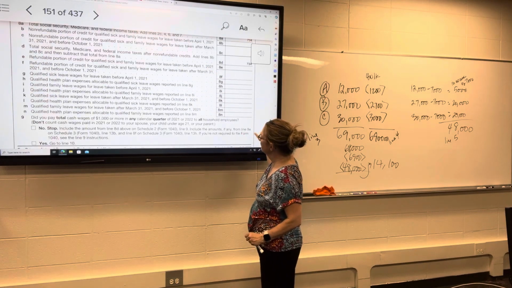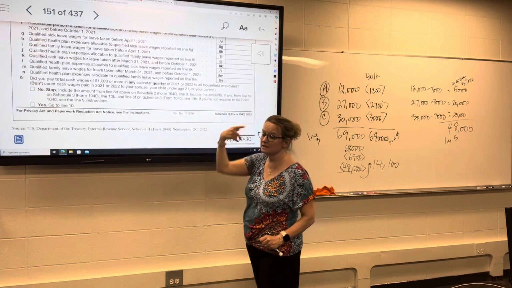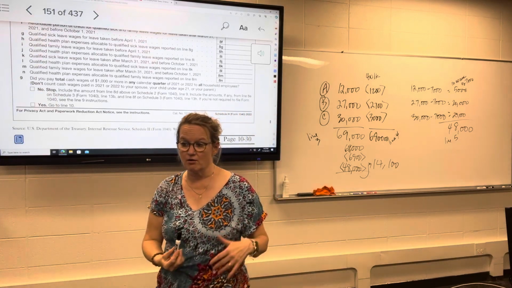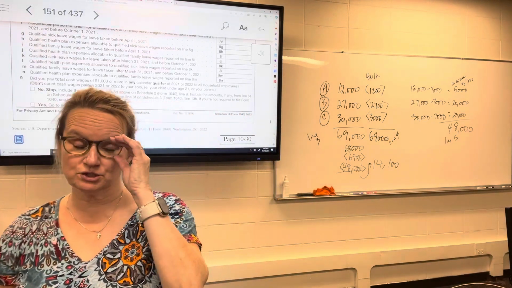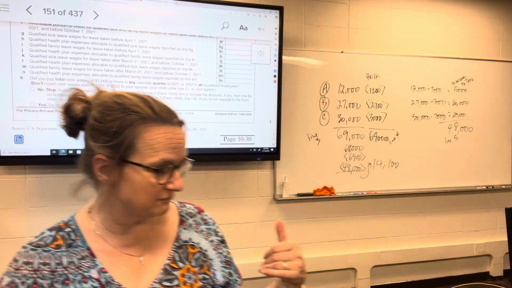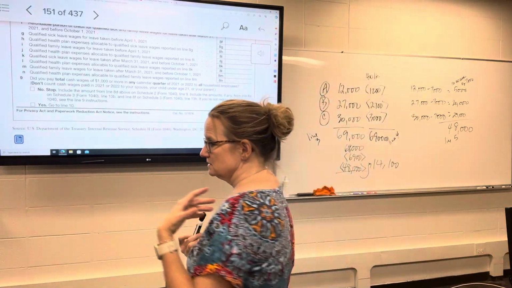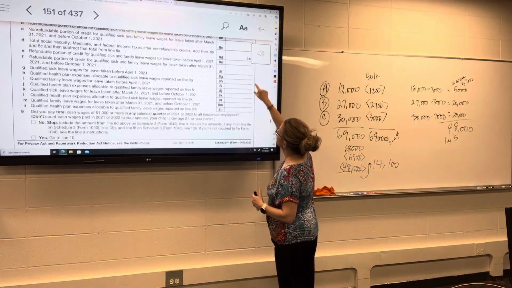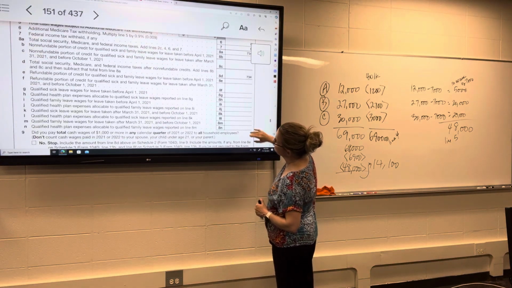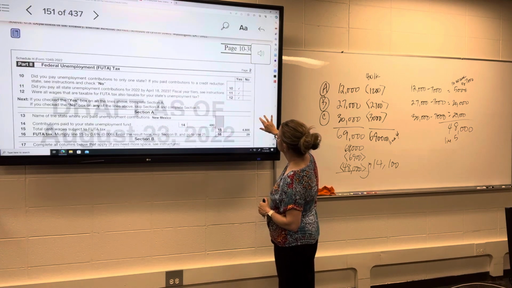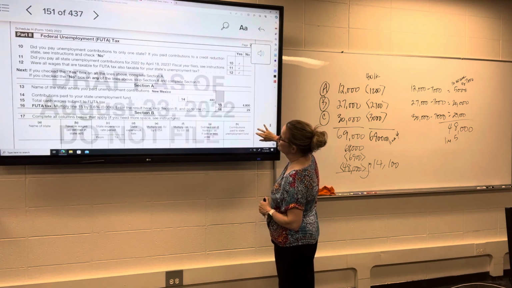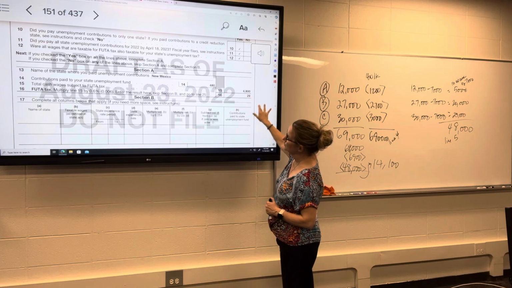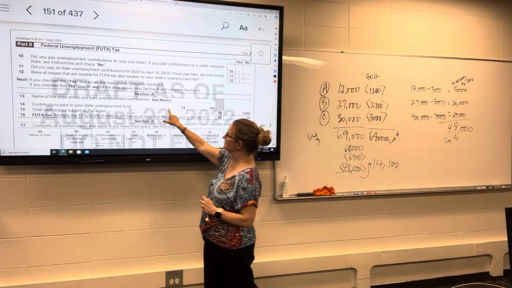So this is the amount that would be paid in addition to any other taxes that are due. In addition to income taxes when you filed your Form 1040, and in addition to any self-employment taxes when the 1040 was filed, that 734 would also be due. And then here's the FUTA tax, where the FUTA tax is calculated.